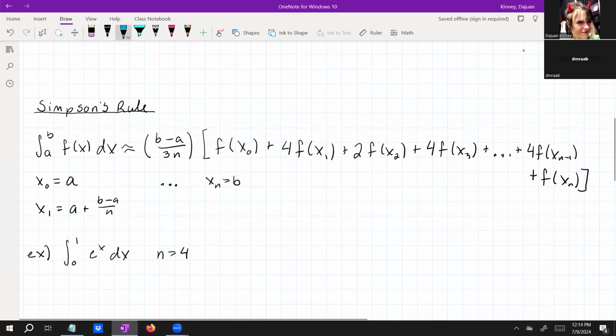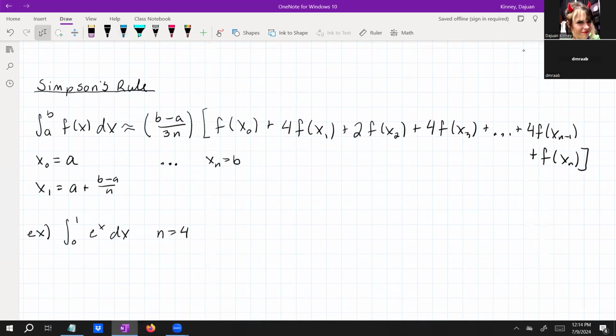All right. Simpson's rule is very similar, except this time we take 4 times our function, 2 times our function, 4 times our function, 2 times our function to the end, and then our endpoints are times 1.